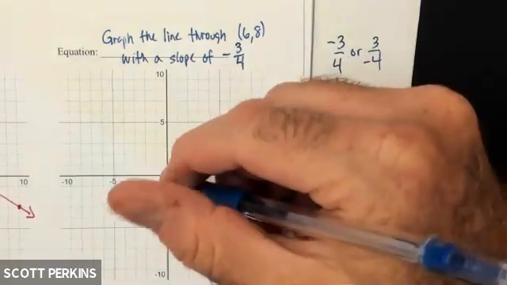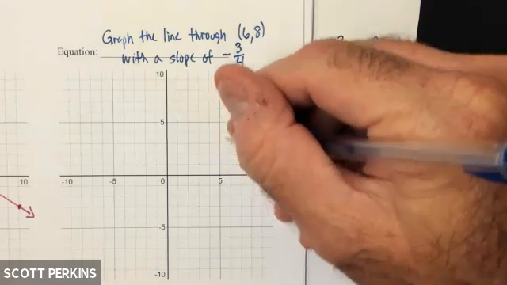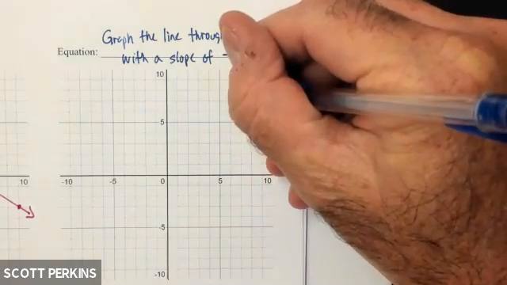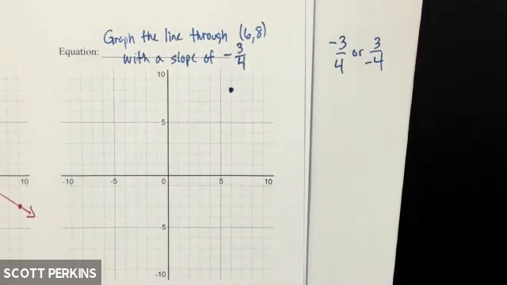Okay, so I'm going to go over to (6, 8). So 6 and then up 8. I'm going to make a dot right here. So instead of starting at the y-intercept, I'm just starting at this point that has been given to me.